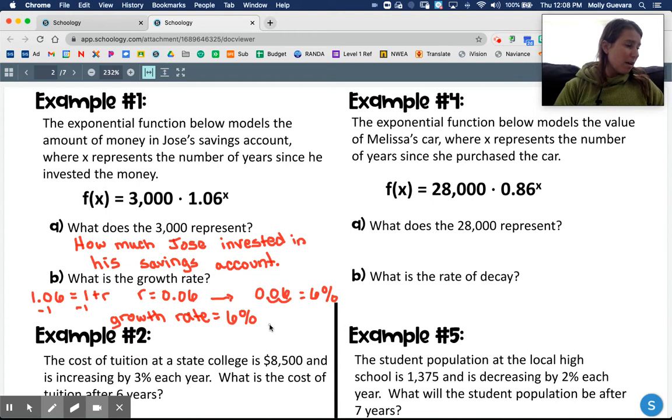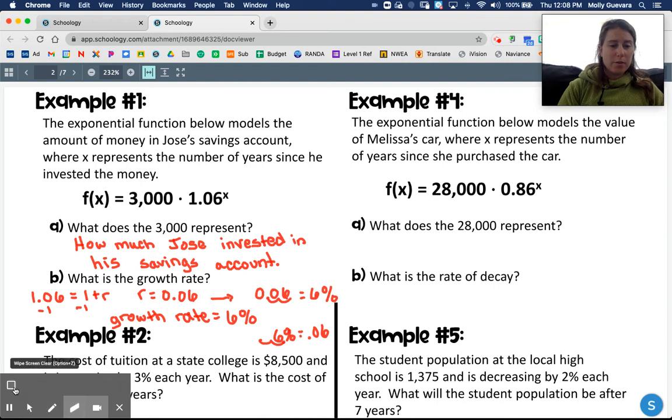And if you were going the opposite way, if you had a percent, here's the decimal place, you move it to the left 2, and you get 0.06. So that's how you go back and forth. You always move it 2 decimal places.